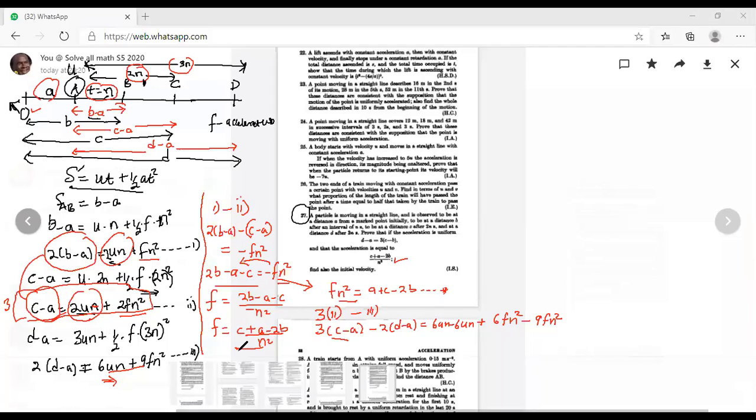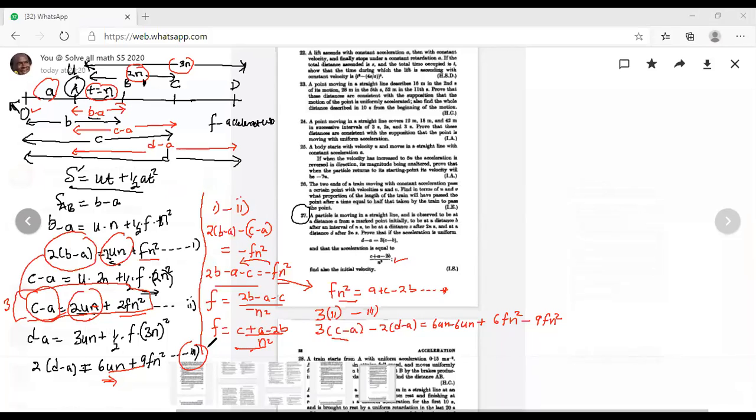I don't know why we didn't just equate it to this other equation, equation 3.